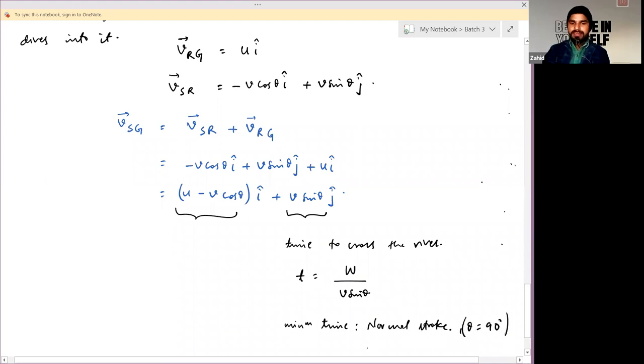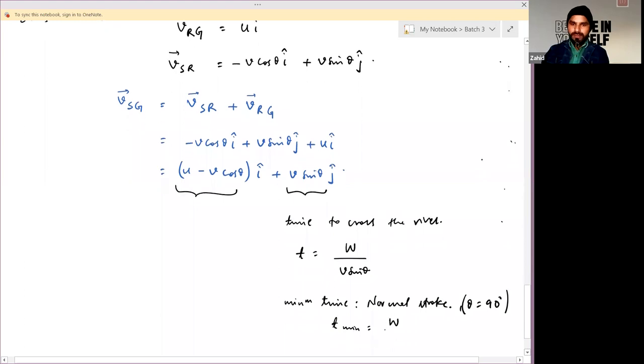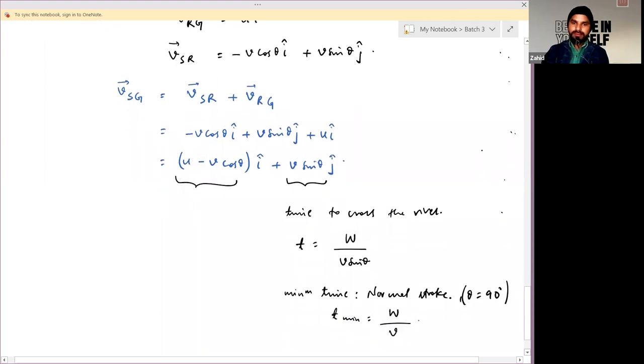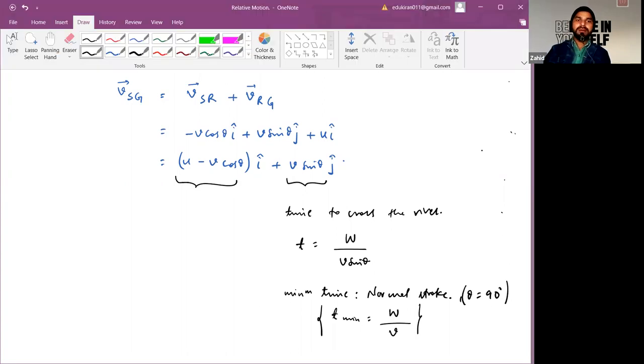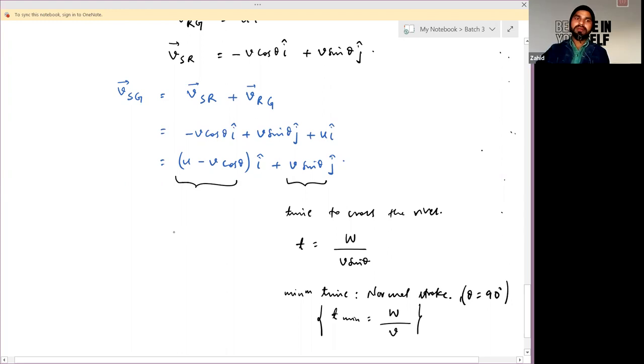Sine of 90 will be maximum. So t minimum equals width of river divided by velocity. Now from this horizontal component, it will define the amount of drift produced in that swimmer, or swimmer will experience due to this flow. So we may define three different terms related to this.